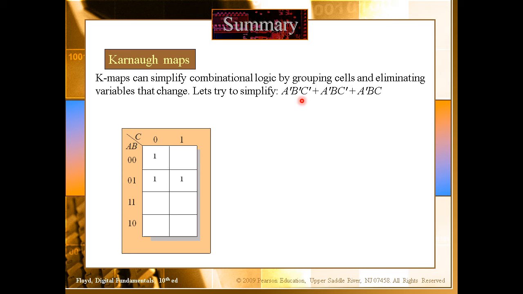We have 3 variables in this expression, and every term has A, B, and C. So to start with the Karnaugh map, your expression must be in standard SOP. If it is not in standard SOP, we have to convert it to standard SOP first before we start.